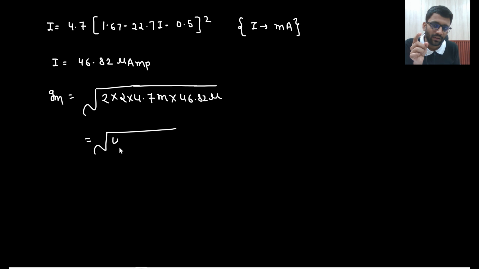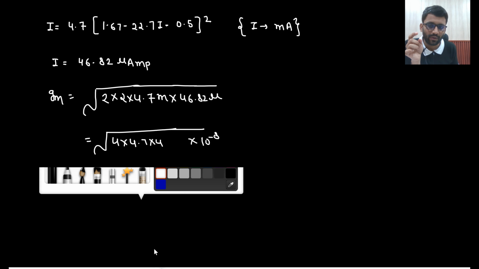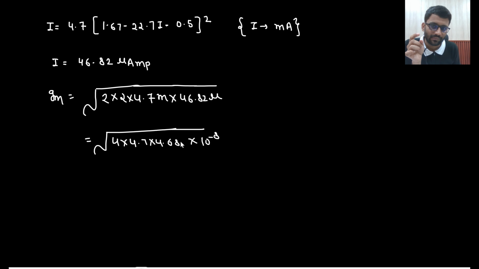I'm just telling the calculation here, because a lot of guys mess up here. Here 10 to the power minus 9 will be there, right? So I will make it 10 to the power minus 8. If I am making it 10 to the power minus 8, that means I have to divide by 10, so I will make this 4.682. Now that would be the correct one. A lot of guys make a calculation mistake.